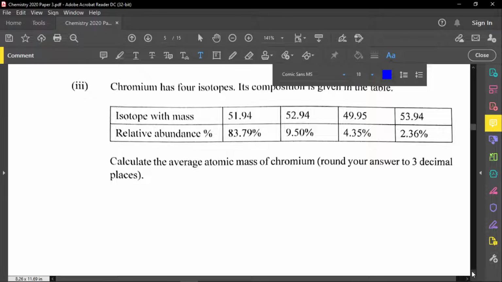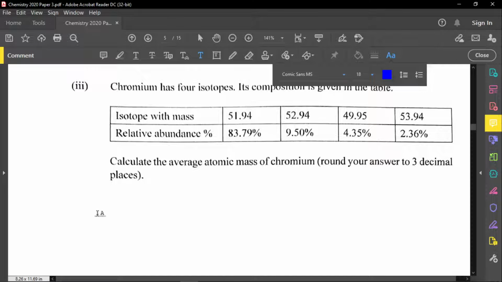All I need to do is multiply the mass by the percentage of each. You could divide the percentage by 100 and go straight ahead and multiply, so I'm going to skip that step and just multiply by the percentage as a decimal.